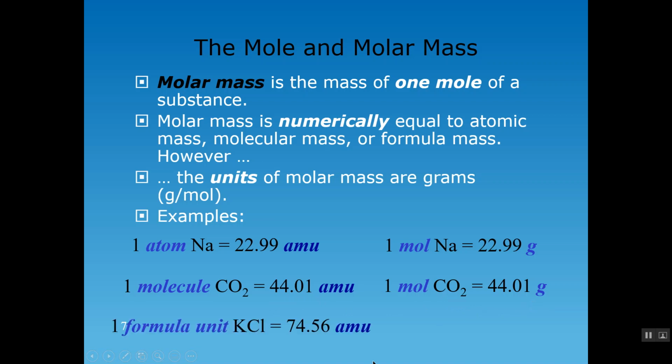And one more example, an ionic compound. In this case, the formula mass of potassium chloride is 74.56 AMU, but the molar mass of potassium chloride is 74.56 grams per mole.